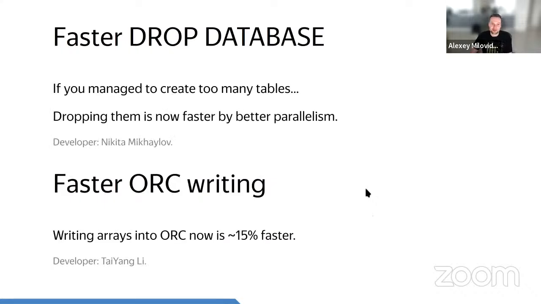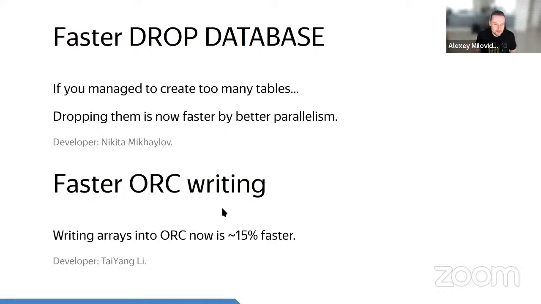And even more optimizations. We have faster drop database. If you accidentally created too many tables, now you can drop these tables faster. Just drop the database, and it will work in parallel. It will be quite fast.